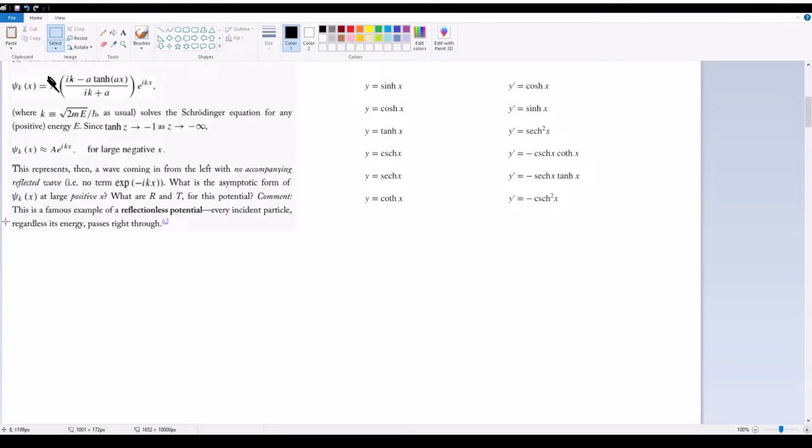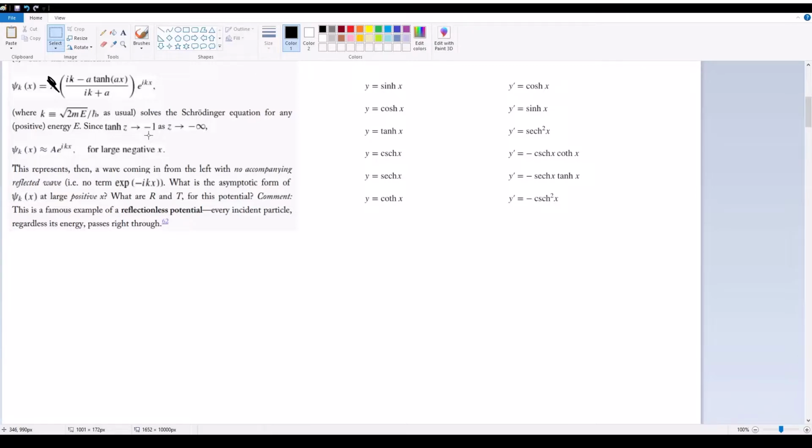Okay, this last part says that since hyperbolic tangent goes to -1 as z goes to negative infinity, psi k approaches the expression A e to the ikx at very large negative x. Now, if you remember, when we started treating free particles, A e to the ikx represents a free particle coming in from the left.